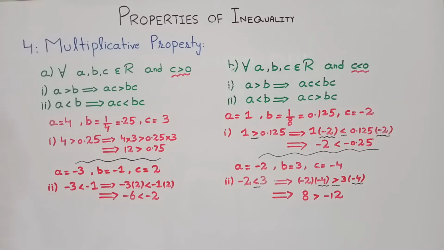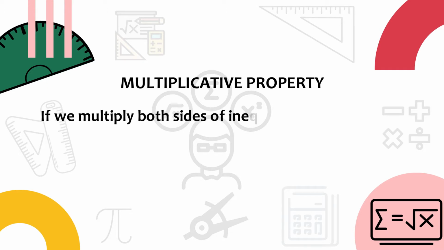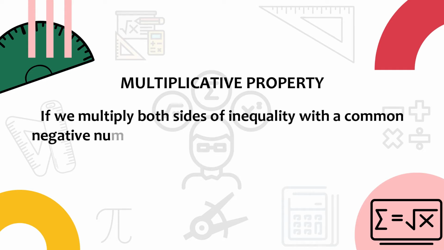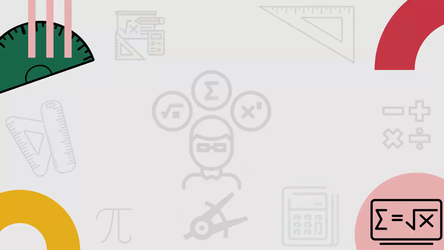Let's move towards the second part of multiplicative property. For the second part, multiplicative property says if we multiply both sides of an inequality with a common negative number, then the inequality will change its direction after multiplication.